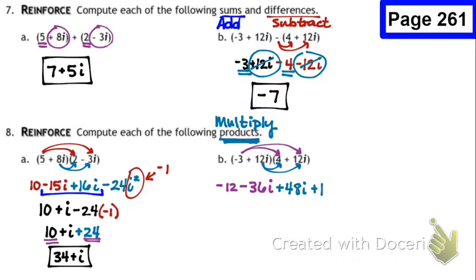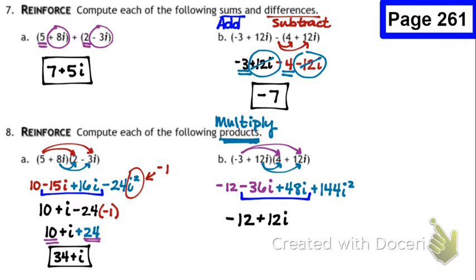Yep. Plus 144i squared. I know I can put these two things together. What would that give me? Negative 36 and positive 48. Yep, it is positive 12i.